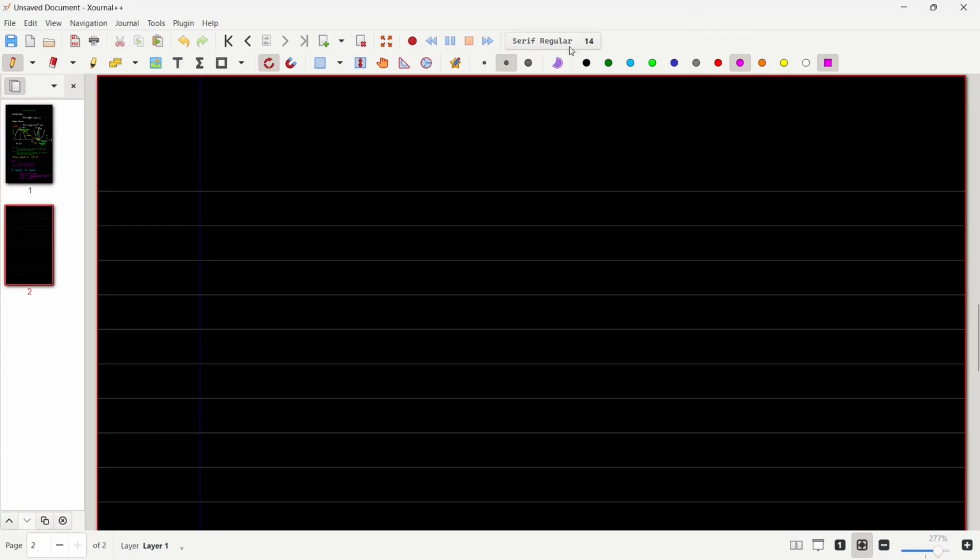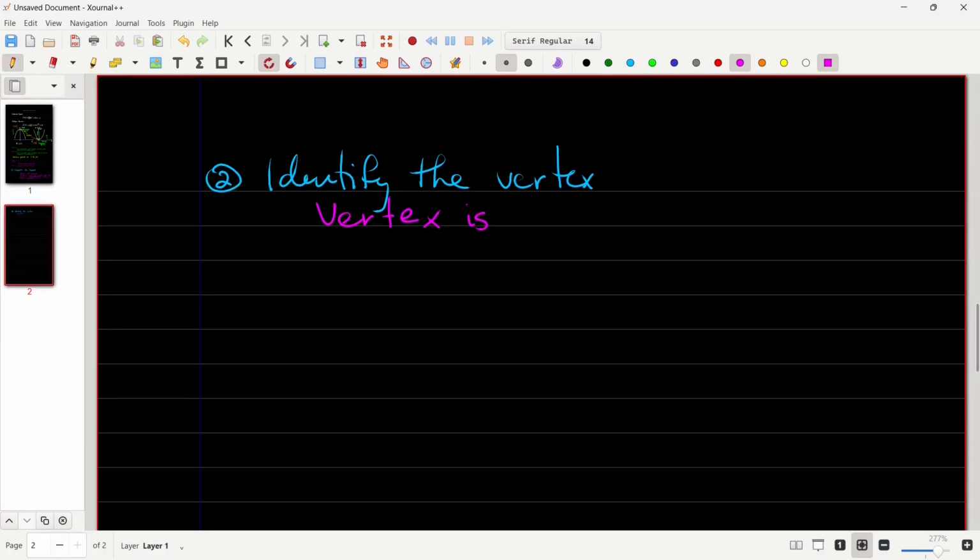The next step, once we've completed the square, is to identify the vertex. The second step is to identify the vertex. So the vertex is at (negative h, k).